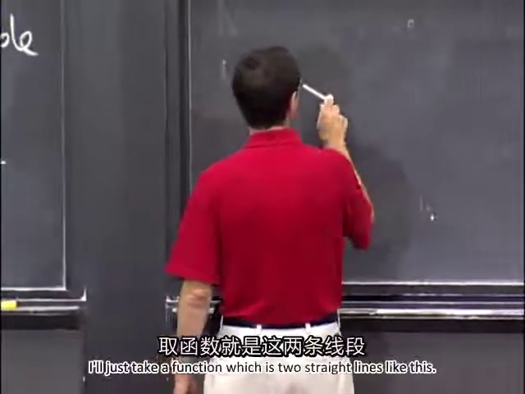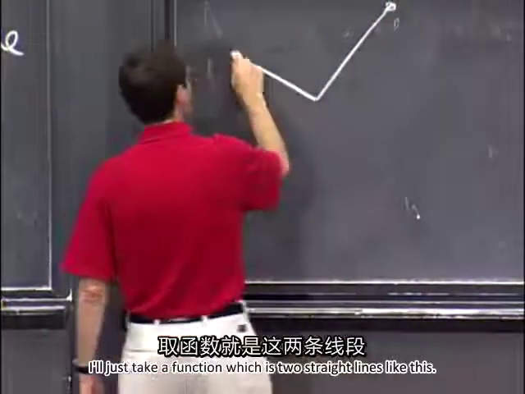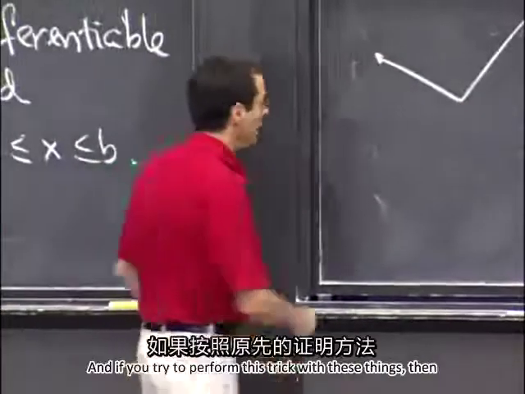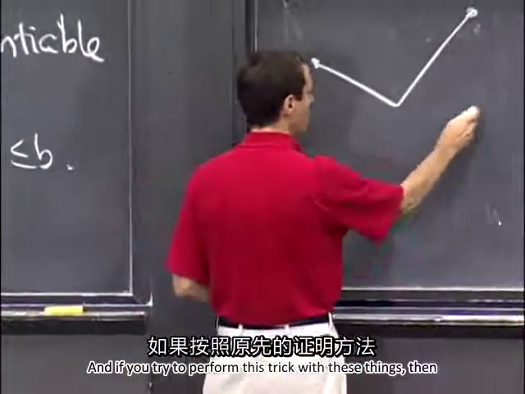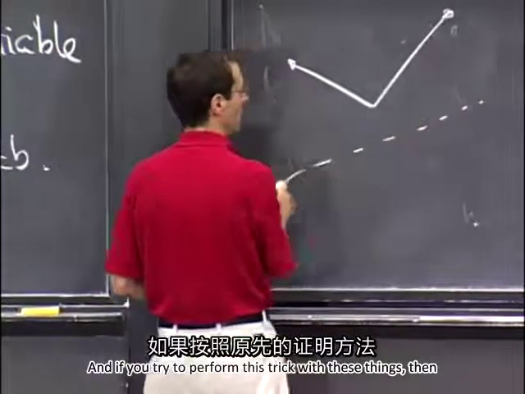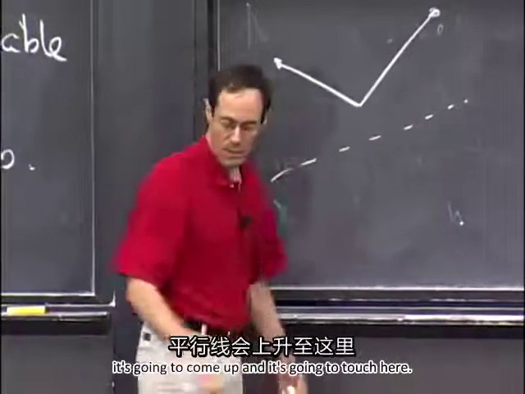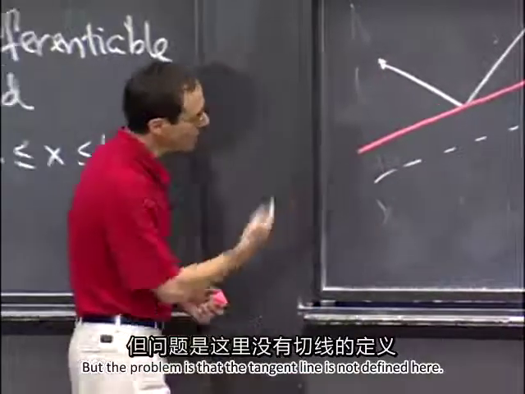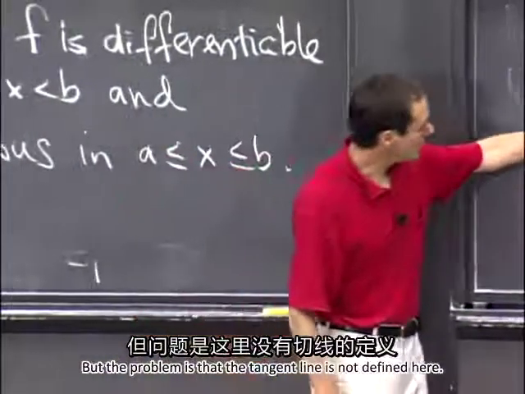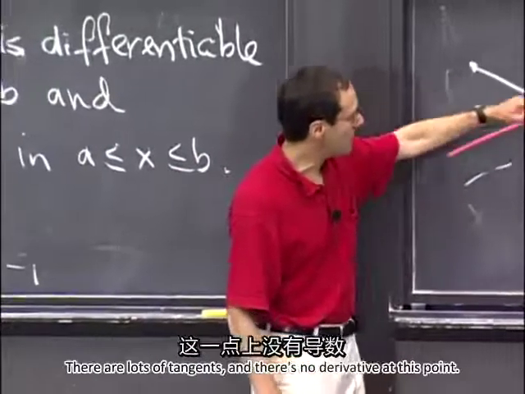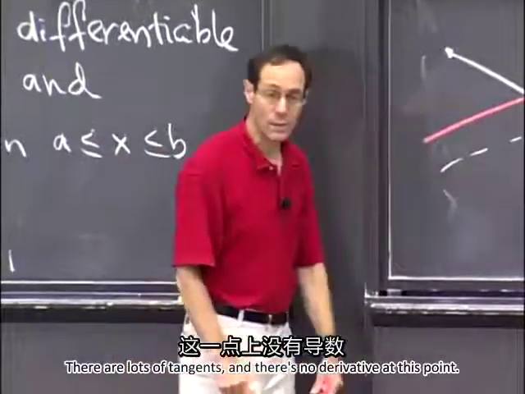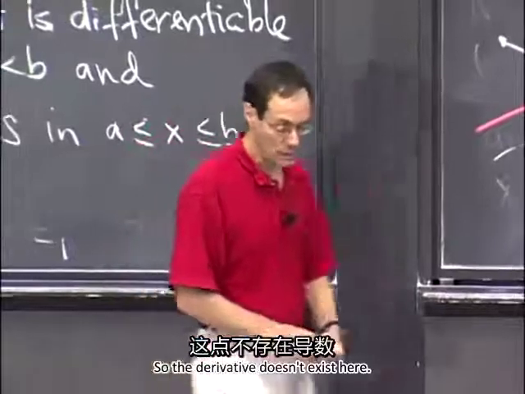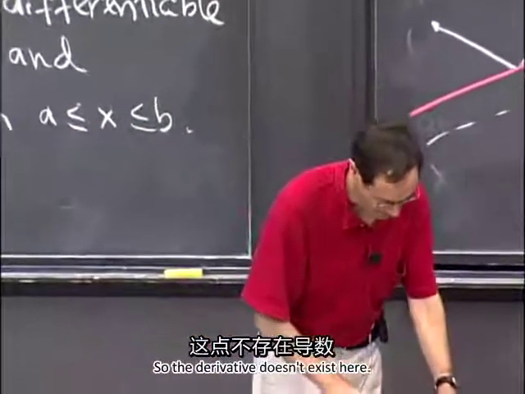I'll just take a function which is two straight lines like this. And if you try to perform this trick with these things, then it's going to come up and it's going to touch here. But the problem is that the tangent line is not defined here. There are lots of tangents, and there's no derivative at this point. So the derivative doesn't exist here. All right?